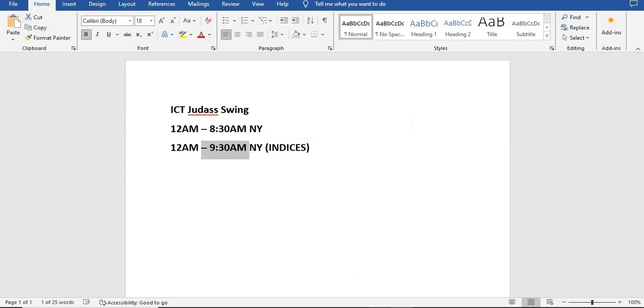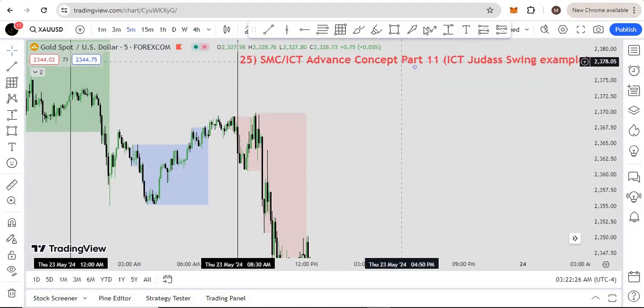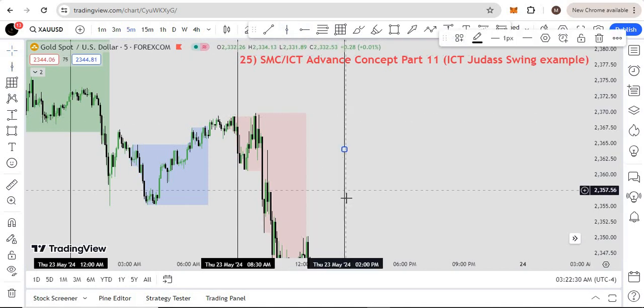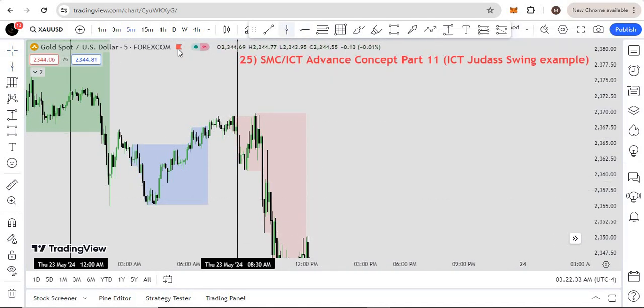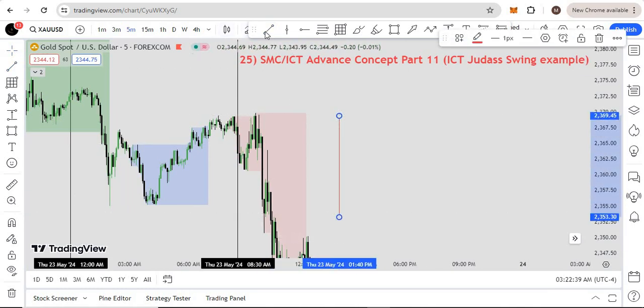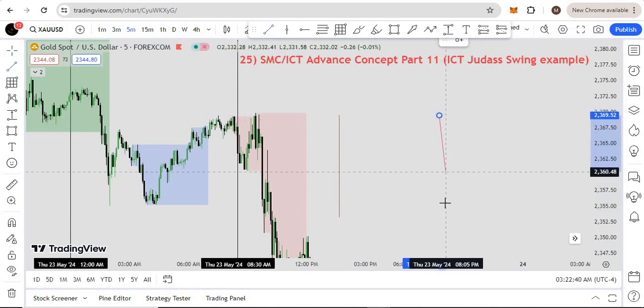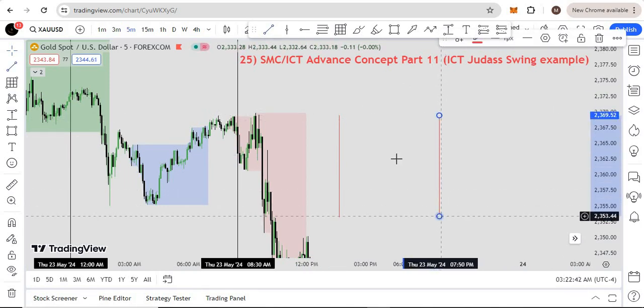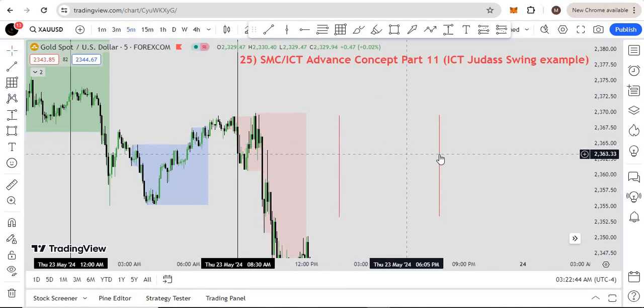So basically, what happened in our Judas Swing, for example, this first line is 12 midnight and this is 8:30, or 9:30.